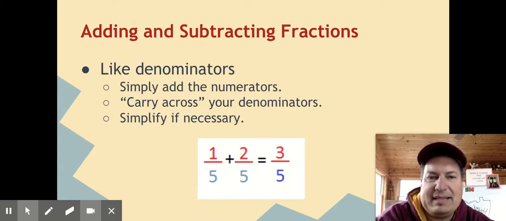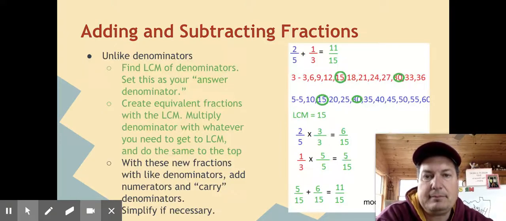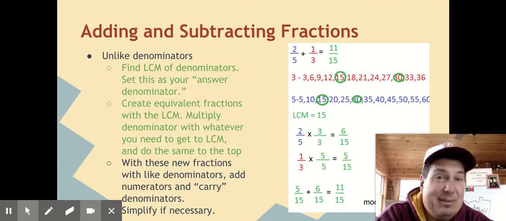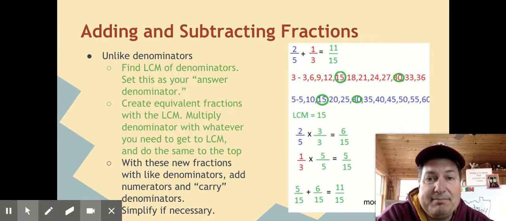Like denominators makes things real easy. 1/5 and 2/5 is 3/5. That's easy. You just carry across. That denominator is 5. Add the number on top. Boom, you're done. When you have unlike denominators, that's where I'd be willing to bet most kids get tripped up.